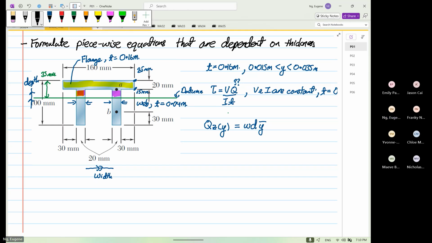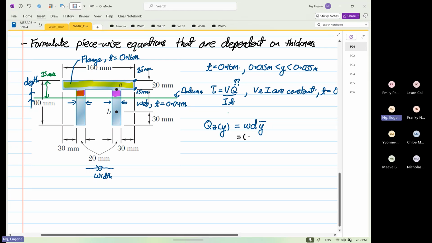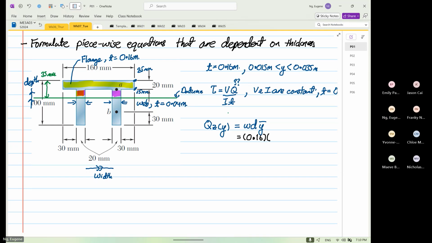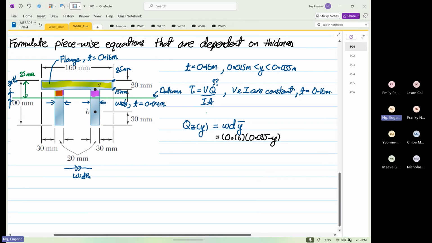So from here, we also know that our width is constant, so this is equal to 0.16. Our depth is varying, so it starts from 0.035 minus y, and that's the depth, sorry.